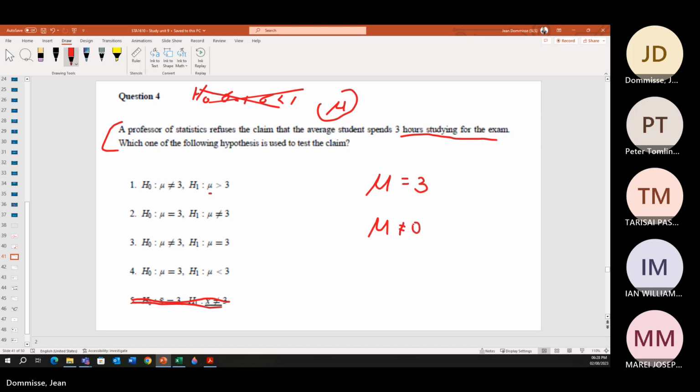It doesn't say that students are spending more or that students are spending less. He just says he doesn't believe students are spending 3 hours. So it's 3 hours or not 3 hours.